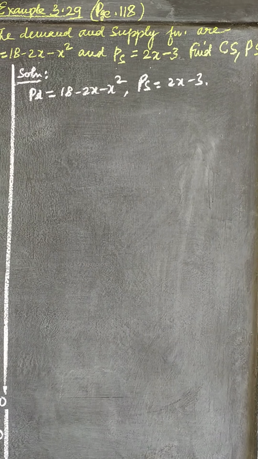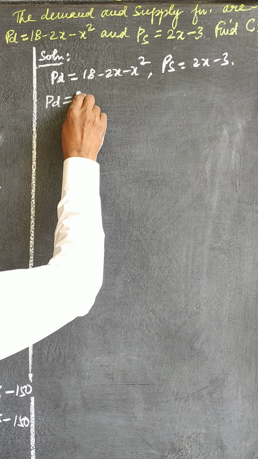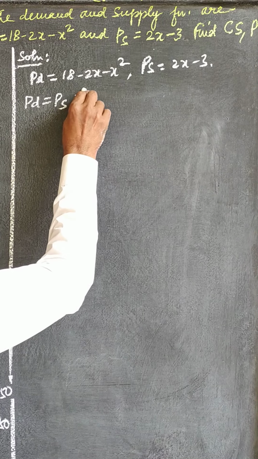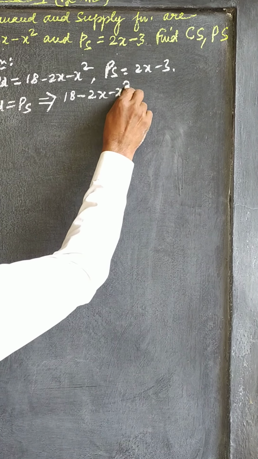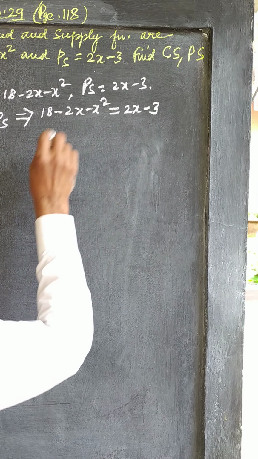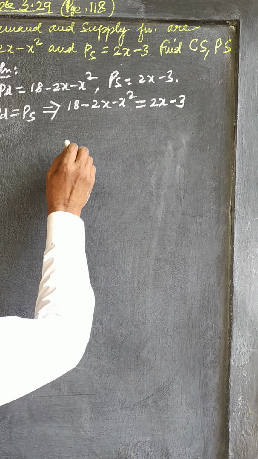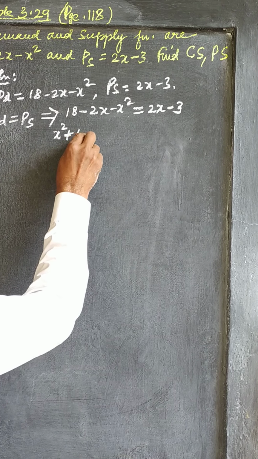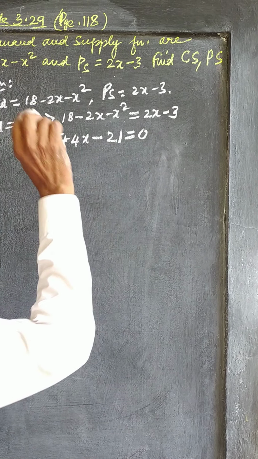We have to find them out. At equilibrium, PD is equal to PS, which implies 18 minus 2x minus x square is equal to 2x minus 3. On simplification, we get x square plus 4x minus 21 is equal to 0.